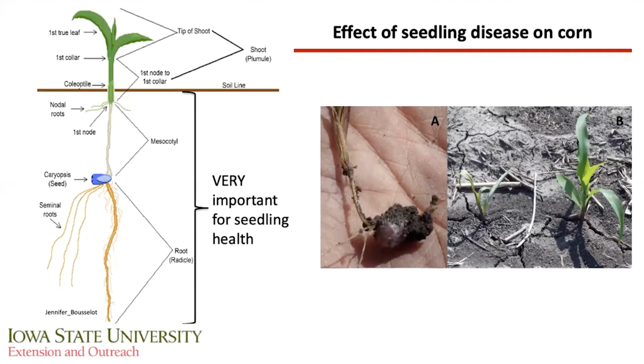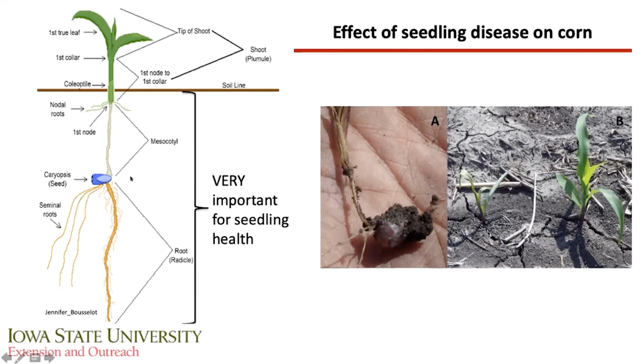And so here in this picture, you see a stunted seedling, and I'm sure all of you know that seedling often becomes a weed, and it either produces a very small ear or no ear at all. And if it's not producing an ear, it's not contributing to yield.